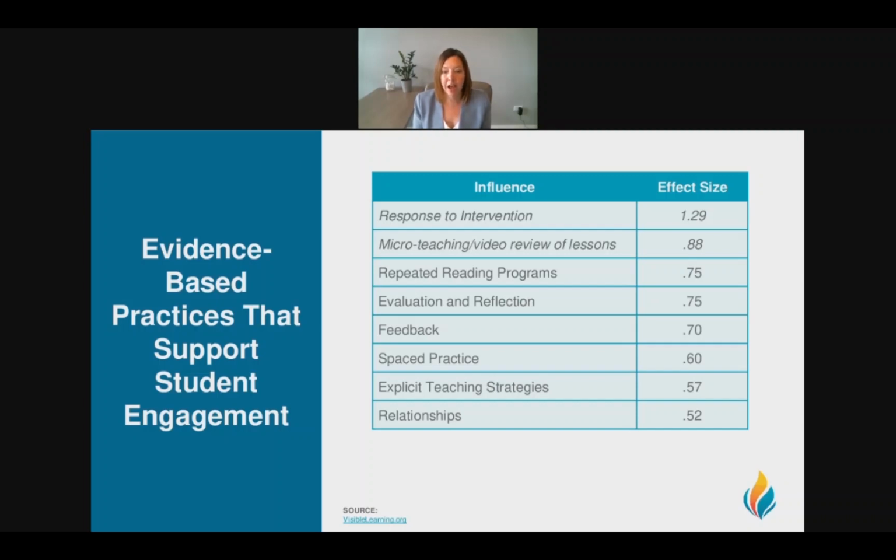When we think about student evaluation and reflection, and so thinking about students self-reflecting on their own learning. Feedback for students, and so how we're regularly helping students understand how to get feedback on specific skills and getting feedback from students about their skills and what they know. Spaced practice, which we'll give an example about, explicit teaching strategies, and building relationships.